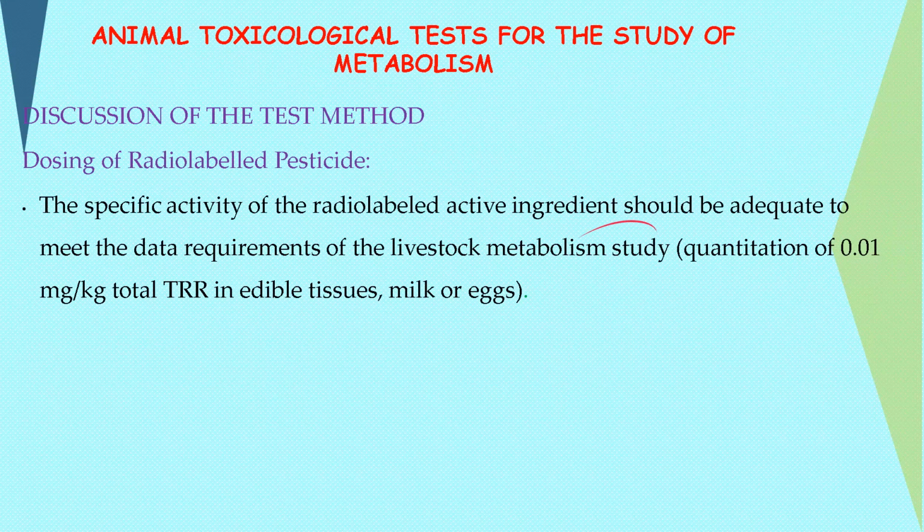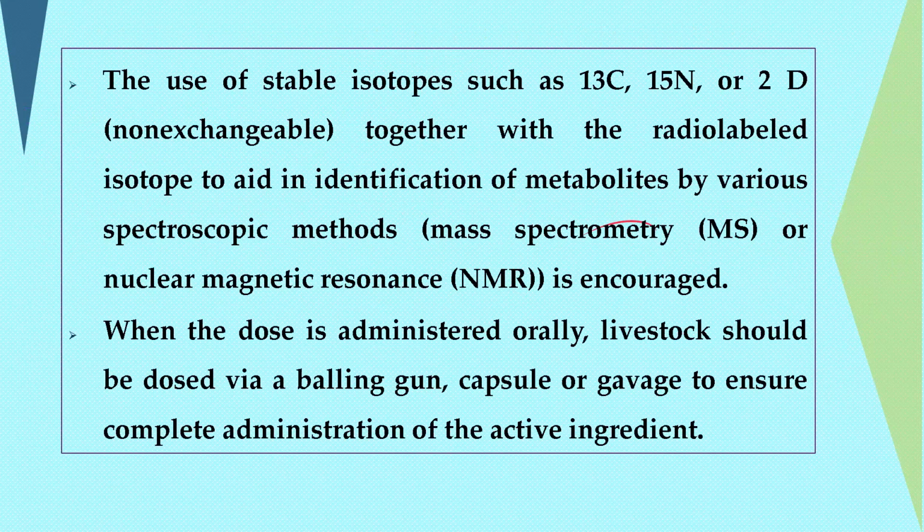So for the dosing of radiolabeled pesticide, the specific activity of the radiolabeled ingredient should be adequate to meet the data requirement of the livestock metabolism. That is the quantification studies, maybe in case of quantification of 0.01 milligram, especially in the tissues, milk, or meat.